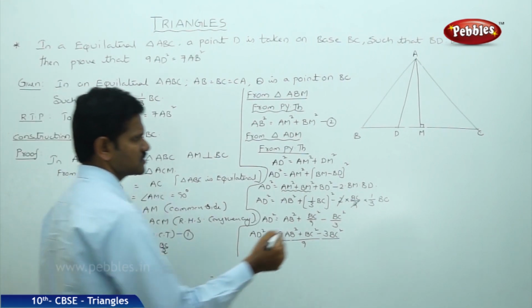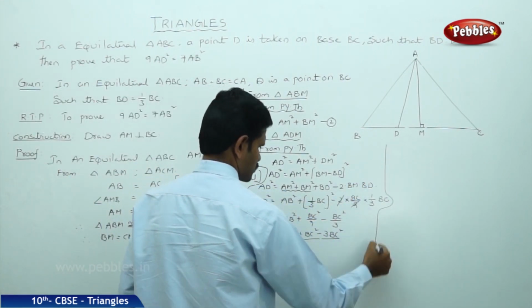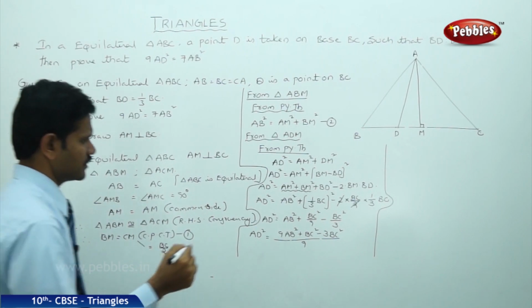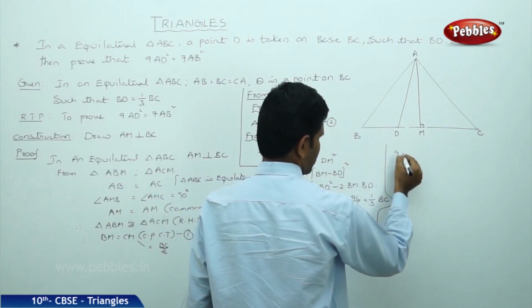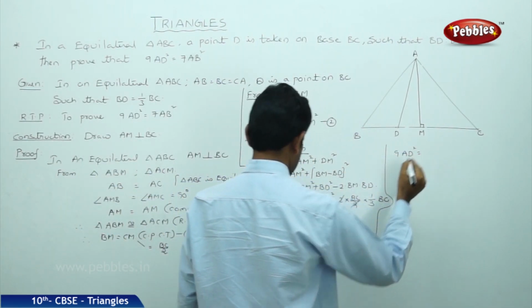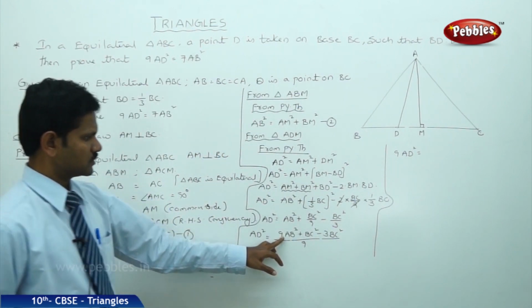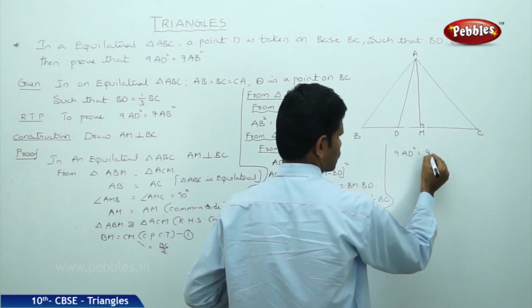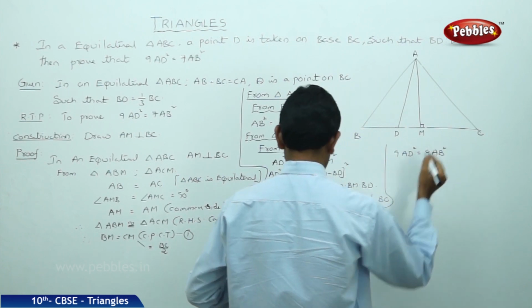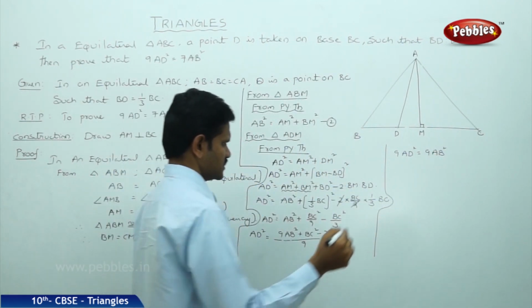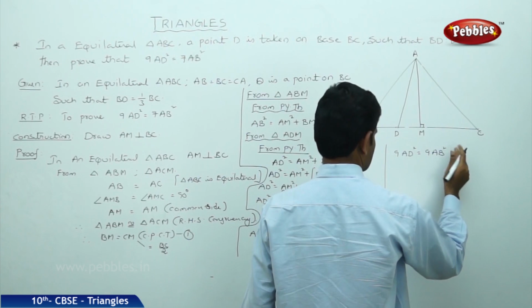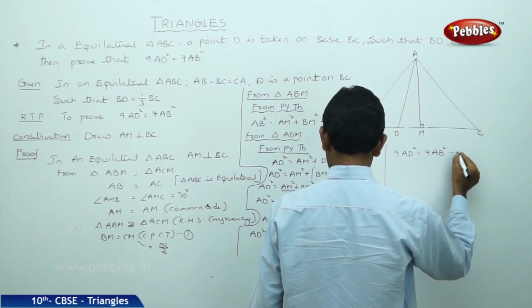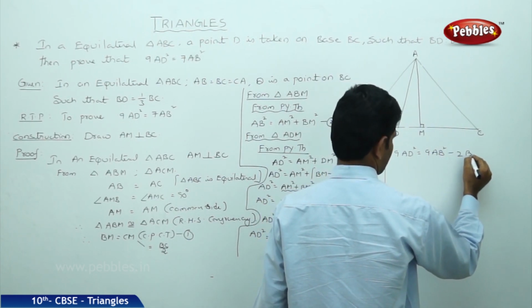That is, 9 should be cross multiplied, that is 9 into AD square is equal to 9 AB square minus 2 BC square.